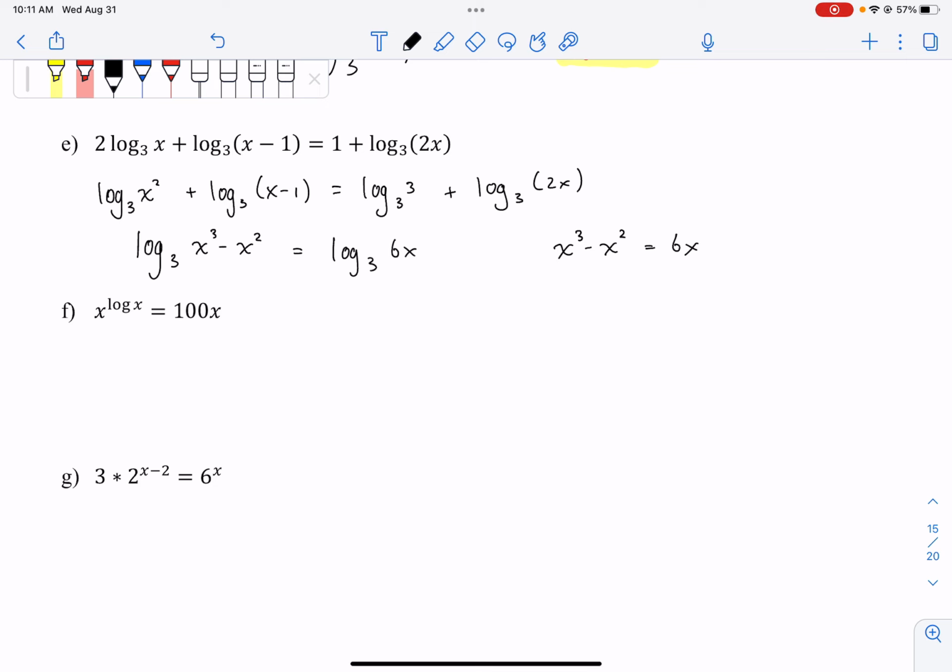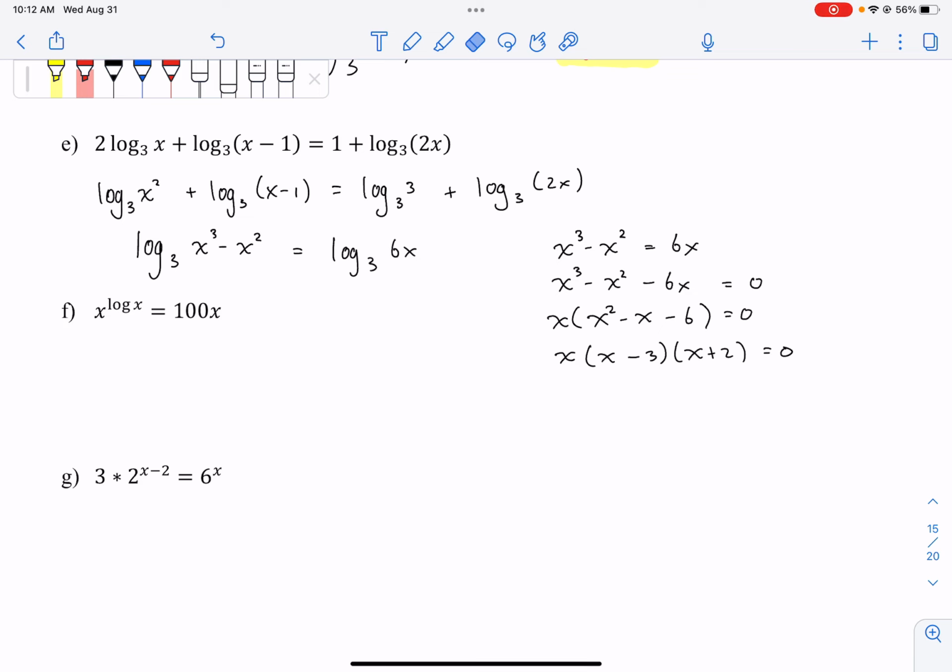Move everything to the left. x cubed minus x squared minus 6x is equal to 0. Factor out the x. x squared minus x minus 6 is equal to 0. (x - 3)(x + 2) is equal to 0.